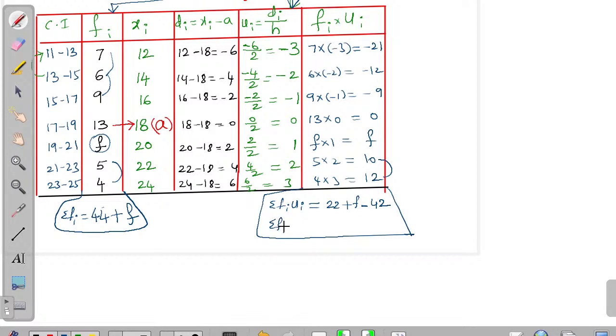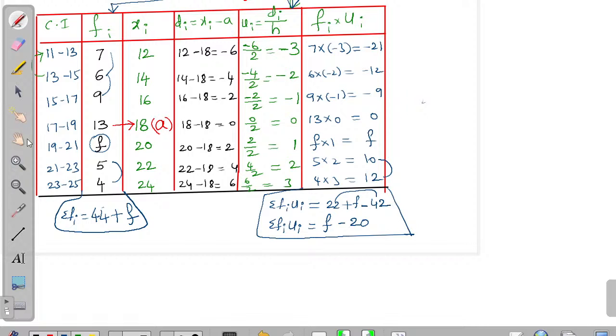So you will get sigma fi ui: if you subtract 42 from 22 plus f, you get f minus 20, or we can write minus 20 plus f also.